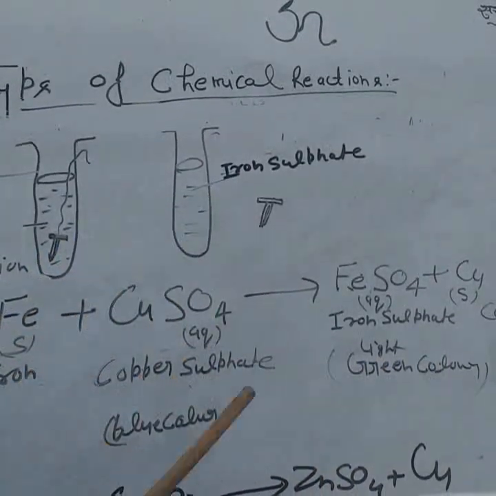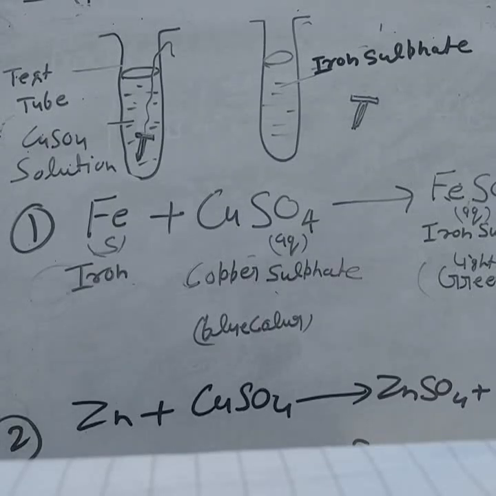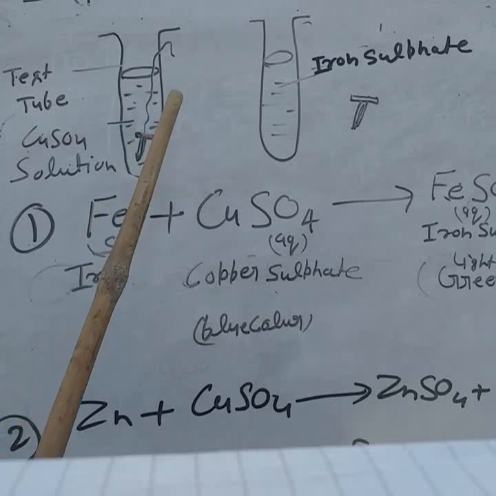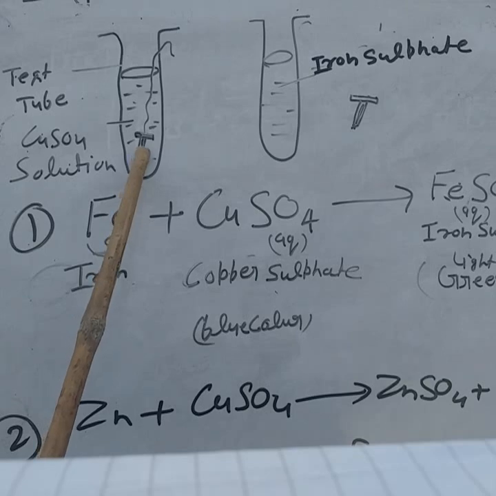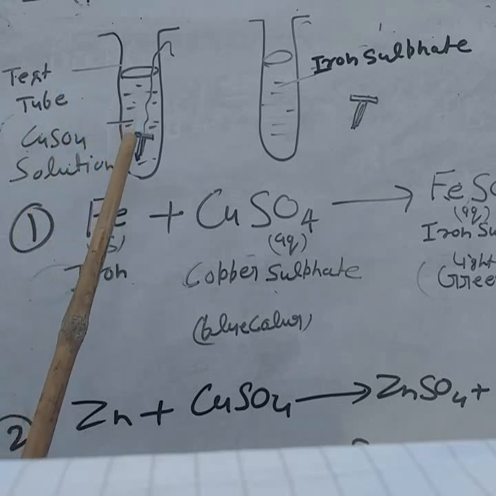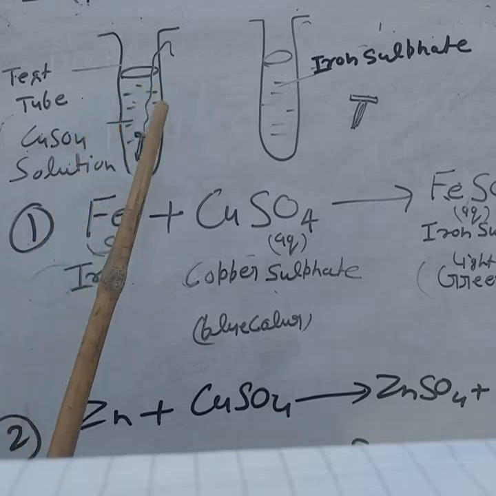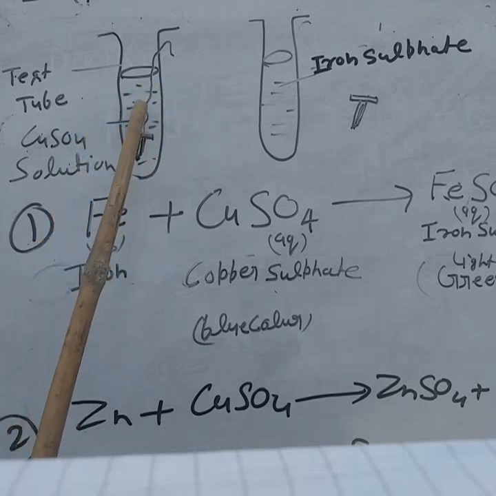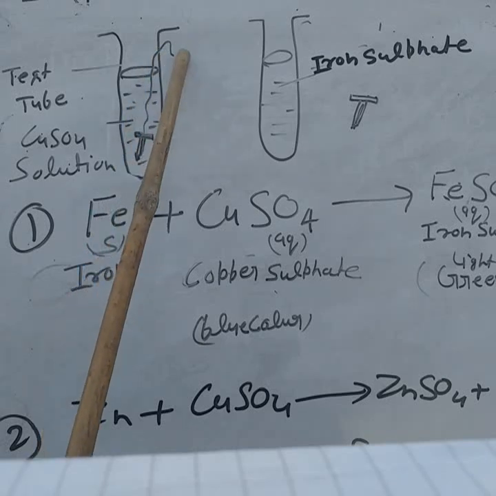So in this activity, take an iron nail and clean it thoroughly with the help of sandpaper. Take a test tube with copper sulfate solution, which is blue in color, and dip the iron nail in it with the help of thread.